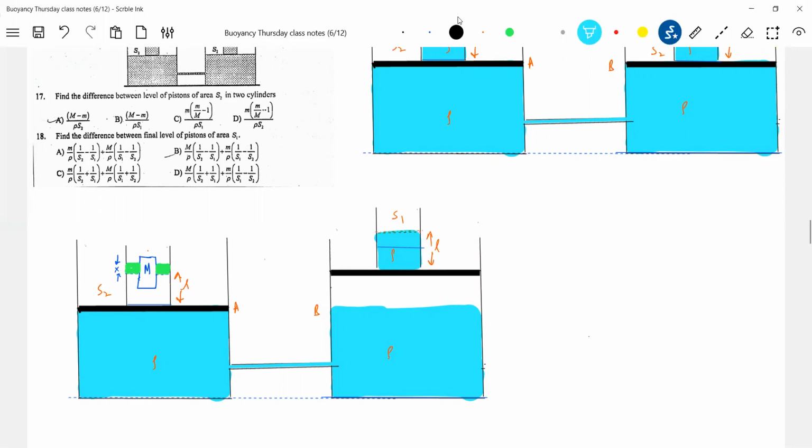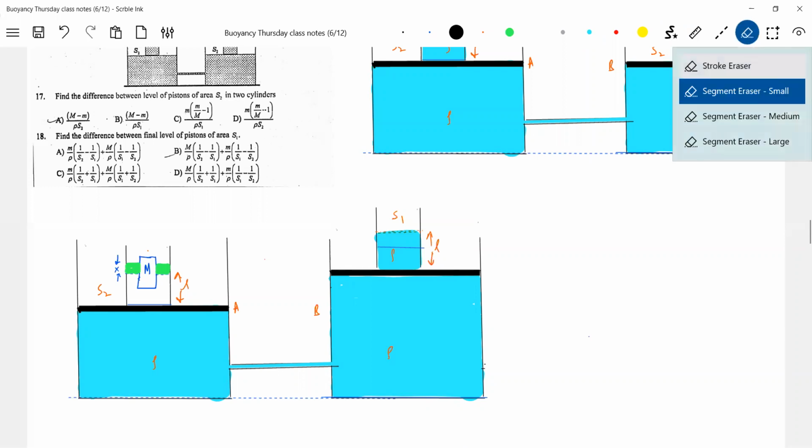Actually, I should move this down, since drawing the diagram again will take more time. So I'm adjusting it here only. The level of liquid in the, because capital M is less than small m. I'll adjust the diagram, you'll understand very easily.